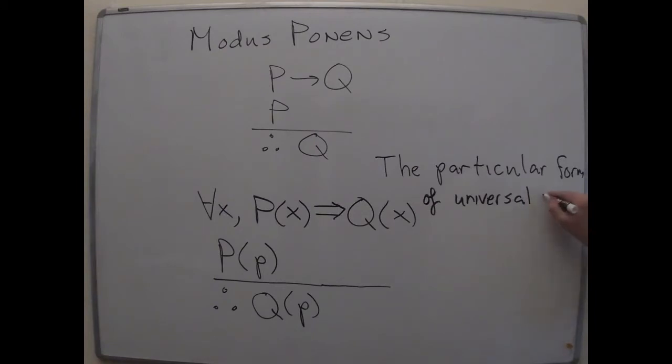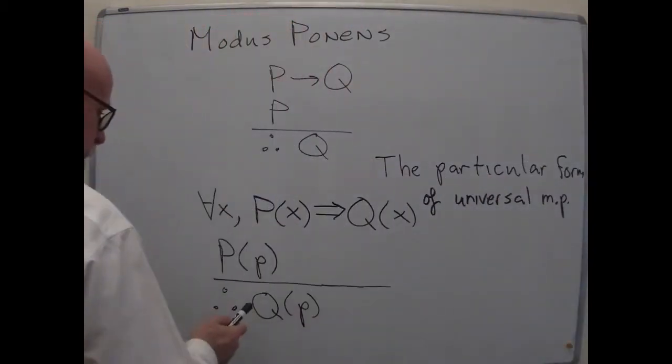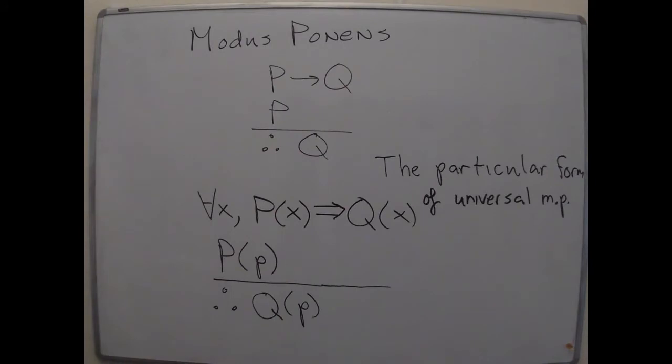I'm just going to abbreviate that to MP because I think we know modus ponens. I don't have room. So there is another version of this, which is universal and universal. You can have the universal form of universal modus ponens. How would that change things? Both the P of X and the Q of X here would be universal sentences.